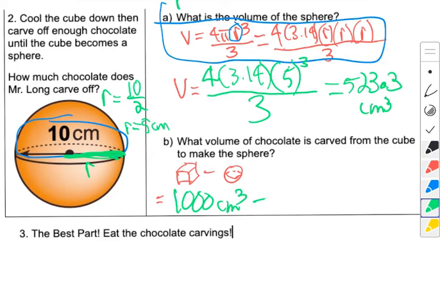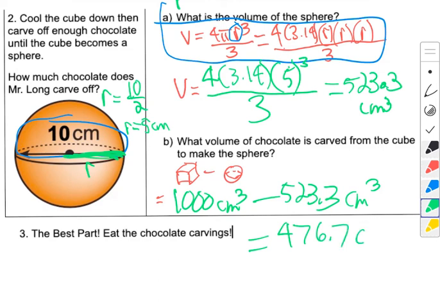If I take away what I've got left over, which is that sphere, 523.3, then I know how much I have left. Well, 1,000 minus 500 is 500, so that's going to be about 476.7 centimeters cubed.